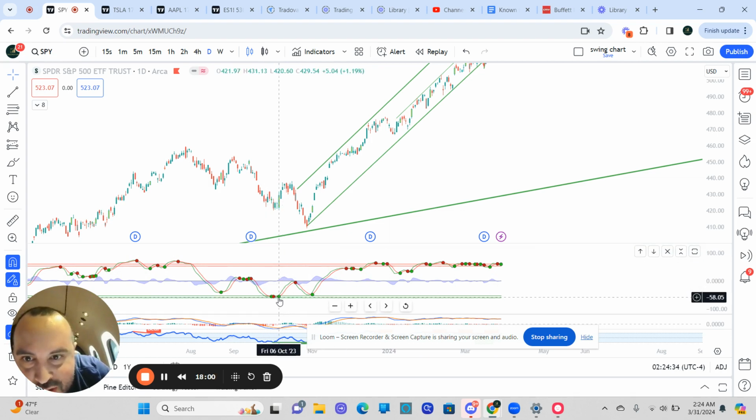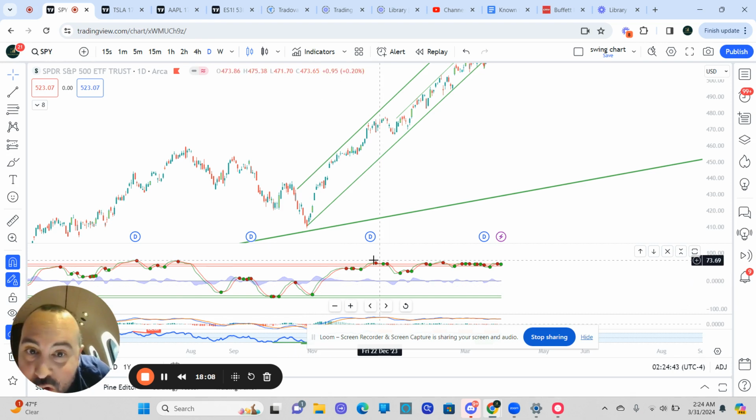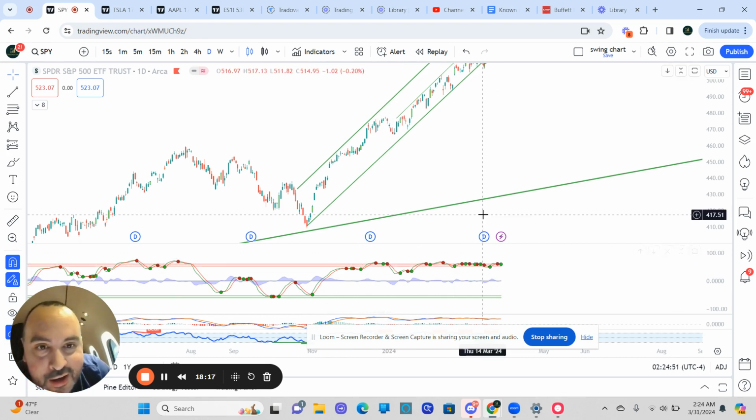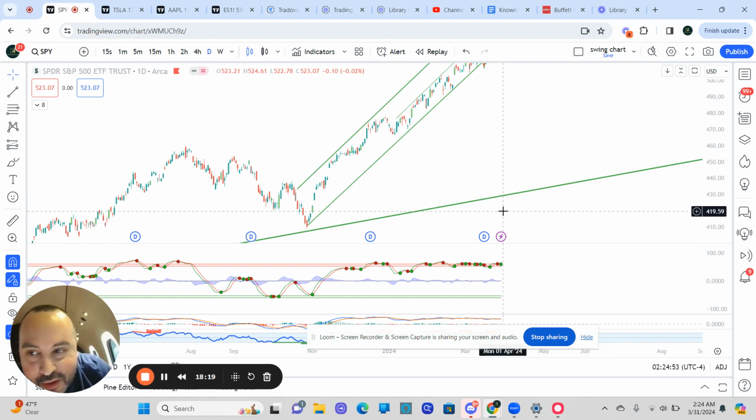And as you can see, when you get down to this green line, you are quote unquote undervalued and you're looking for a bounce, right? And when you are up here, you are overvalued, and you're looking for eventually a drop. Going back to my point from the beginning of this video, what did I tell you guys?